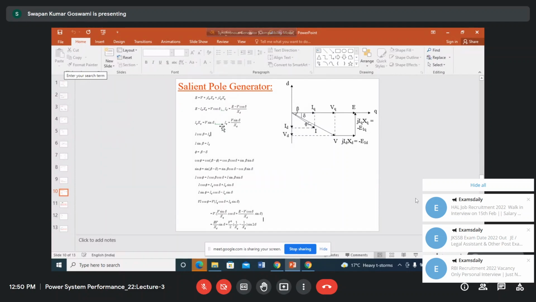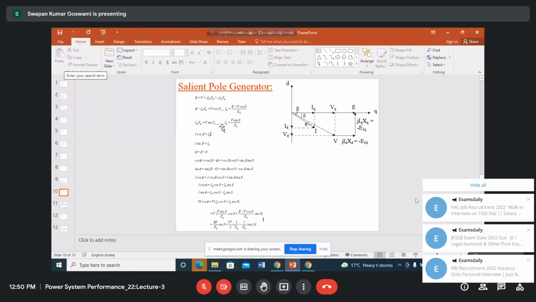One is called the direct axis reactance, and the other the quadrature axis reactance. This particular representation of the salient pole machine is known as the two reaction theory. That means there are two armature reactions, and these reactions are different.